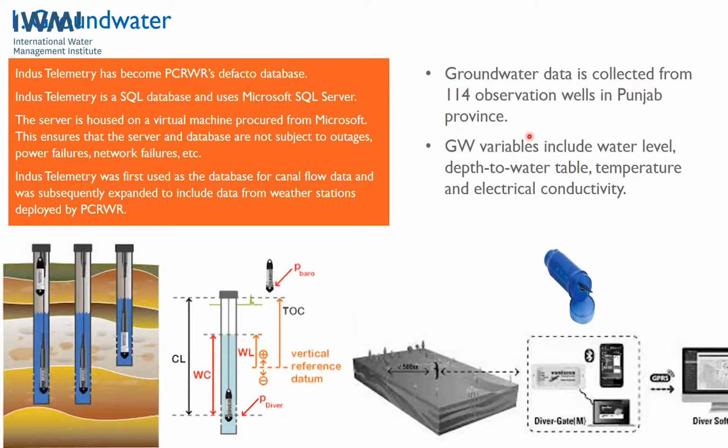There is a network of 114 observation wells in Punjab from which we receive data in the telemetry database. Out of these 114, we have installed these sensors in 10 observation wells. From the remaining observation wells, the data is collected manually, but then it is uploaded to the server.